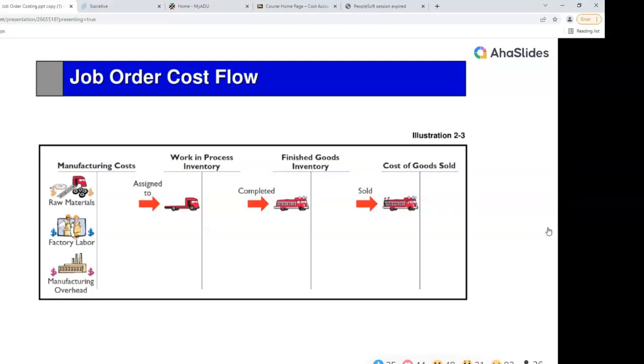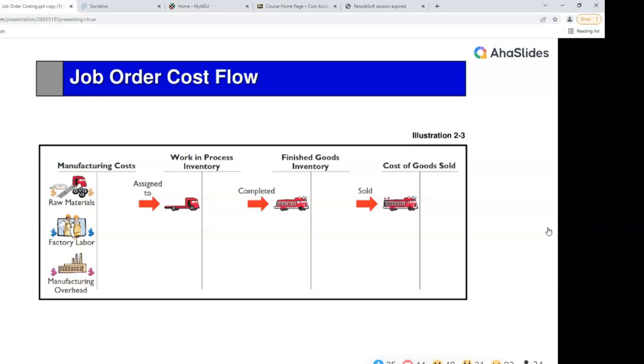And I told you that in your general ledger accounts, the job costing system only means that we add one account to our general ledger system, and that's manufacturing overhead. All right, so it's not a separate accounting system, as I said before. It's integrated.